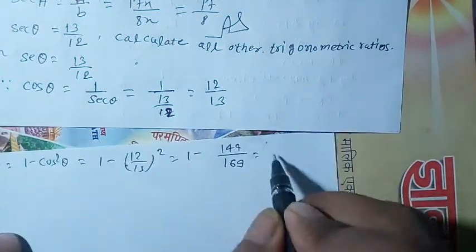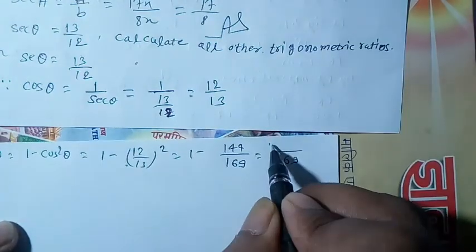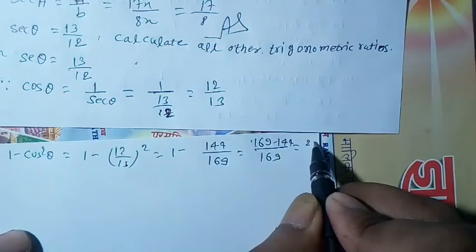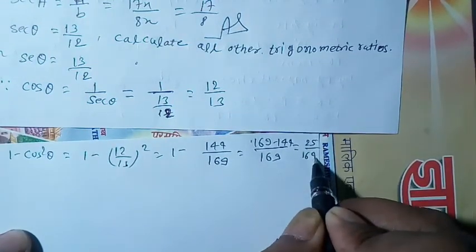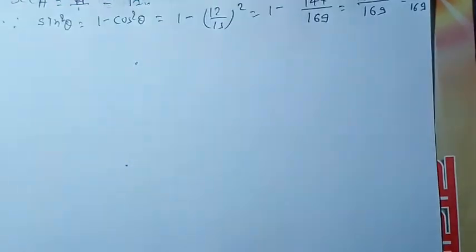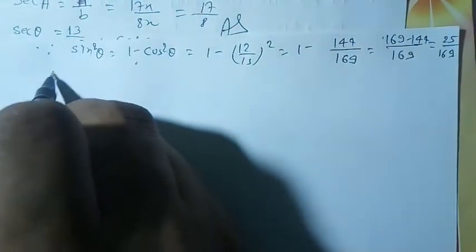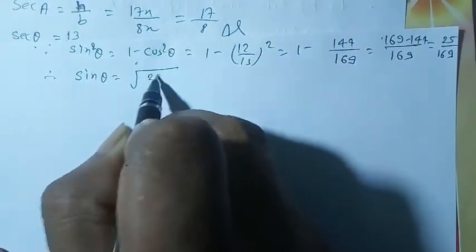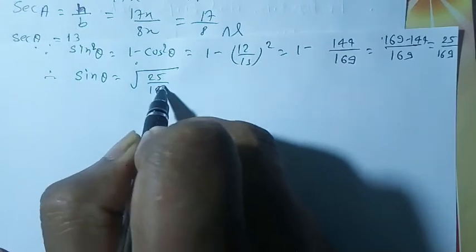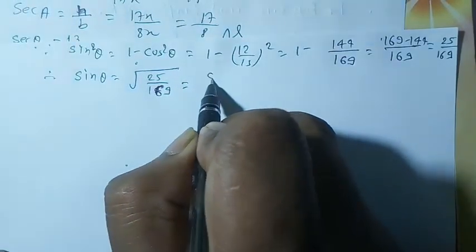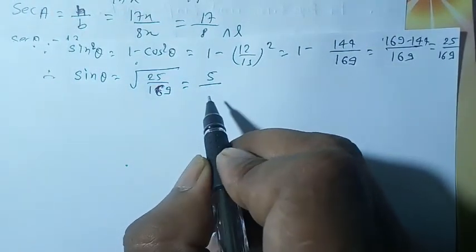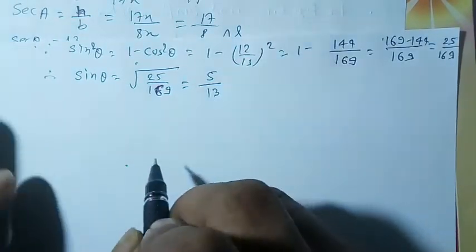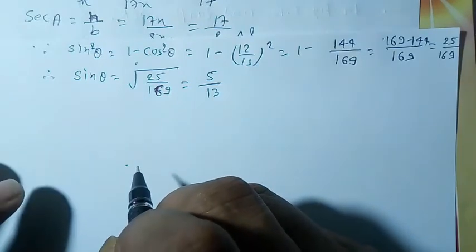The LCM is 169, then 169 minus 144 is 25 by 169. Therefore sin theta is equal to root under 25 by 169. The square root of 25 is 5 and the square root of 169 is 13. So it is 5 by 13.